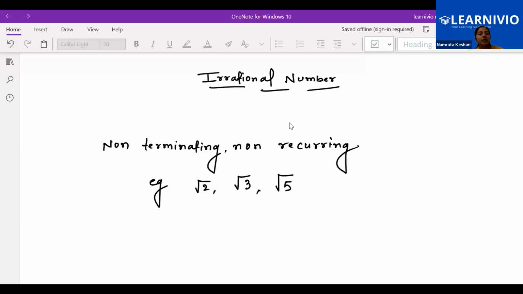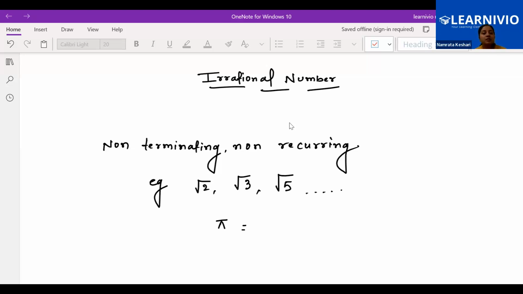When we try finding the square root of a number which is not a perfect square by the long division method, we will get a decimal number which is non-terminating, non-recurring. Apart from these numbers which are not perfect squares and sit inside the square root, we have also discussed that pi is an irrational number.